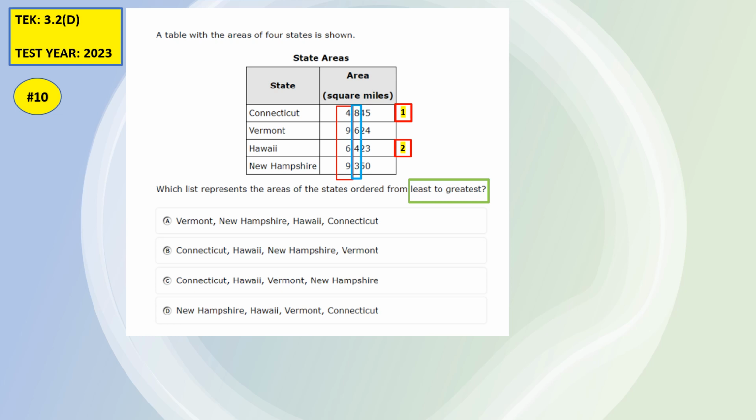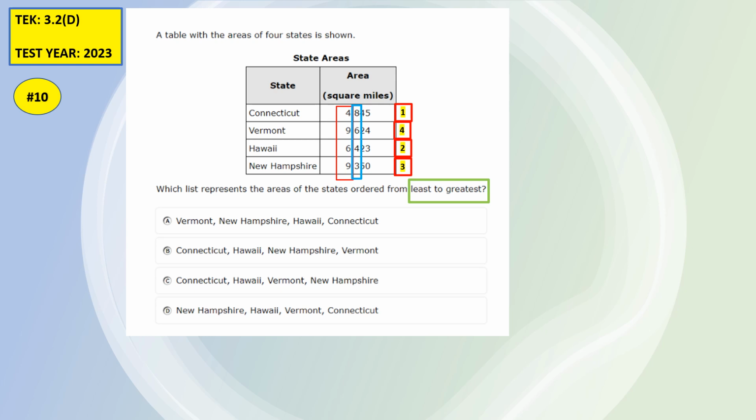New Hampshire has a 3 in the hundreds place, while Vermont has a 6 in the hundreds place, which means that the 3 in the hundreds place of New Hampshire is smaller. So that's where I'm going to put my number 3 because that's the third smallest number. All right, so that means that Vermont is my greatest or biggest number of the 4 numbers in this table. Now I have my numbers ordered from least or smallest to greatest, which is largest.